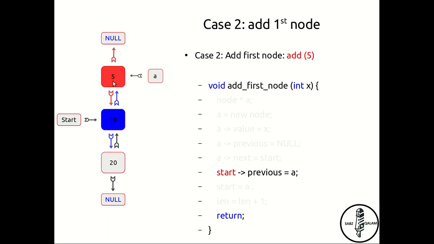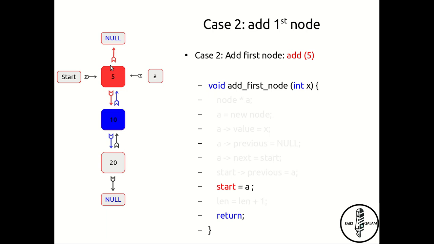So now if this is in fact the start and the first node, what is start doing pointing here? We really need to update this start so it doesn't point here, it points here. And you can simply do that by saying start has been assigned A.